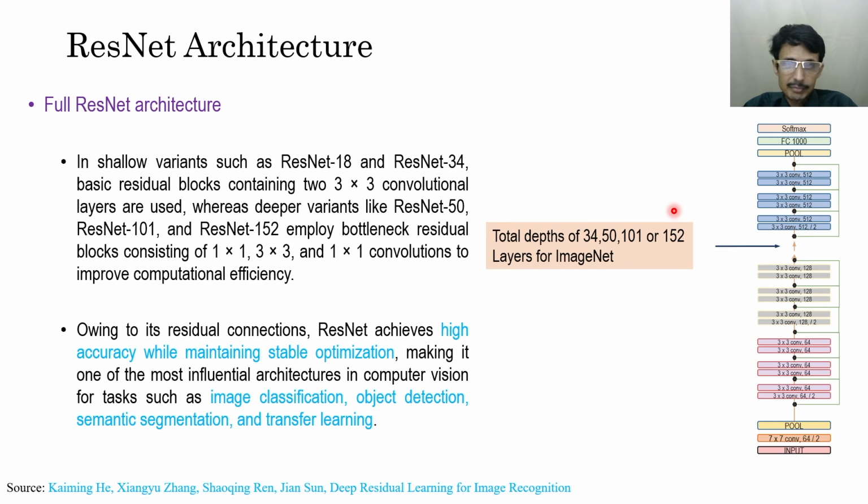It's a very stable network, making it one of the most influential architectures in tasks such as image classification, object detection, semantic segmentation.